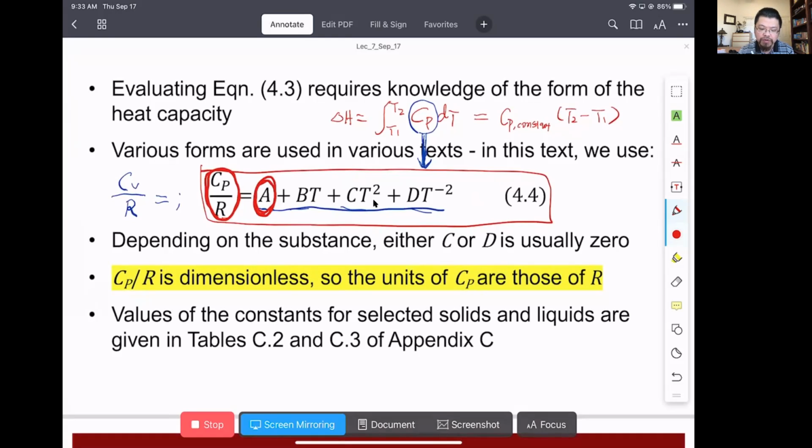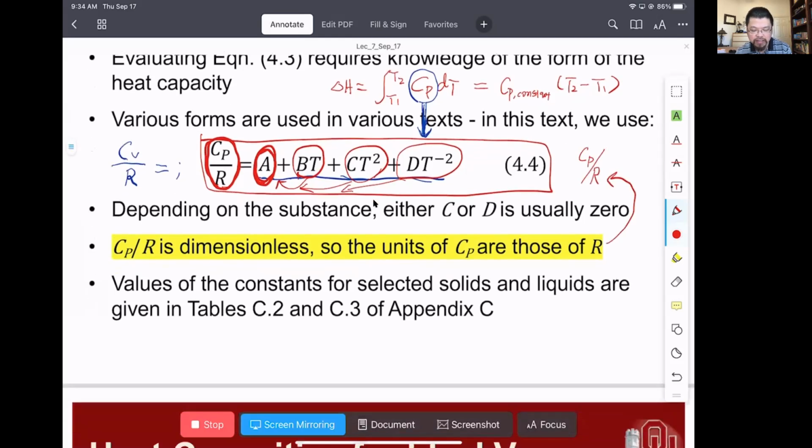So this is why we know that Bt, the product, Ct squared, the product, and Dt to the power of -2 shall have the same unit, the dimensionless nature of A. So altogether, Cp over R shall be unitless. Okay, so that is basically the message from the highlighted sentence.